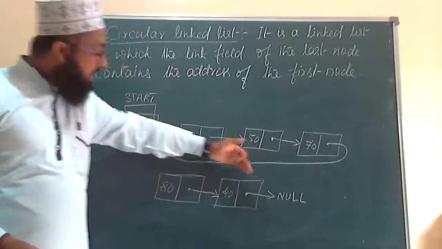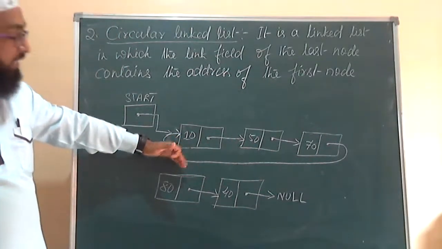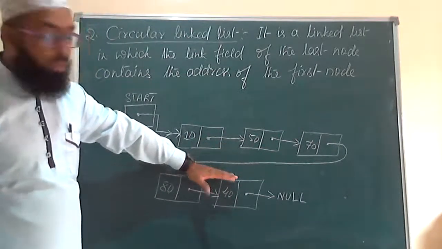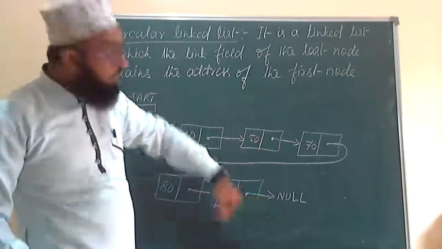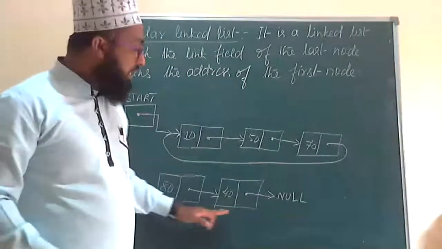It will not contain the address of the preceding node. This is the drawback of singly linked list. Finally it leads to null, because if there is no node, it gives null. This is singly linked list.